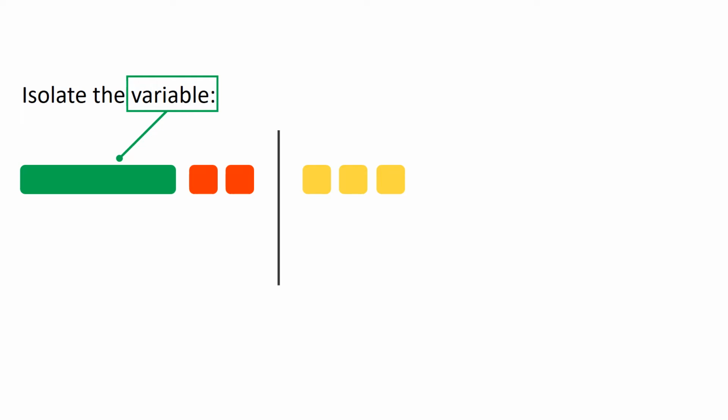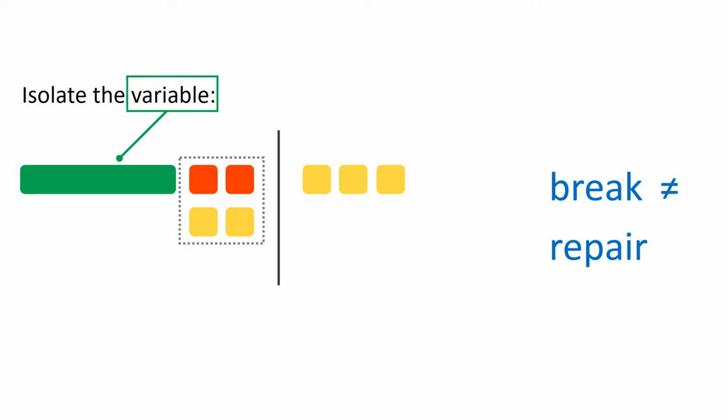So we're thinking really clearly about our zero pairs knowledge. I have 2 negatives, so we have to add 2 positives, and that has in effect broken the equation. To repair the equation, we absolutely have to do the same on the other side.